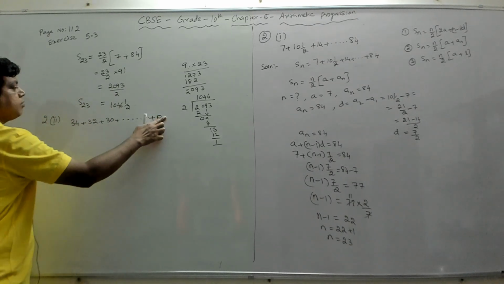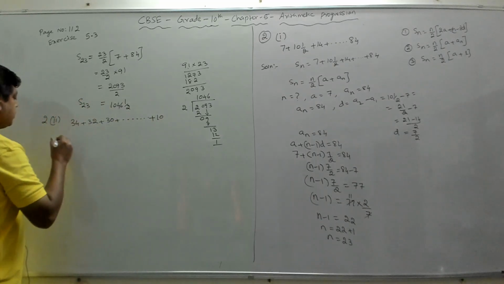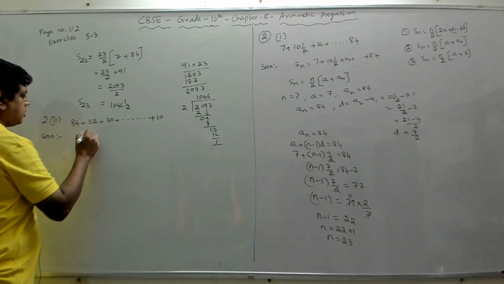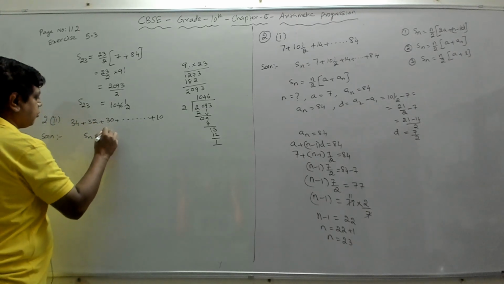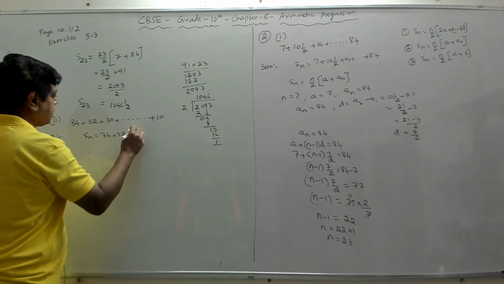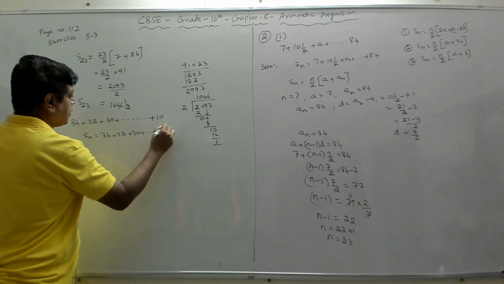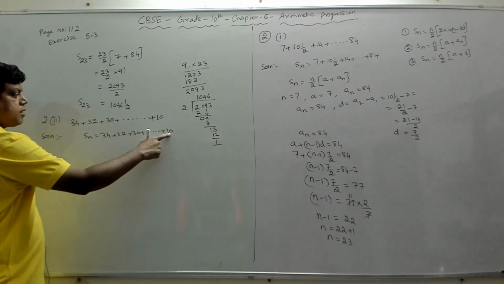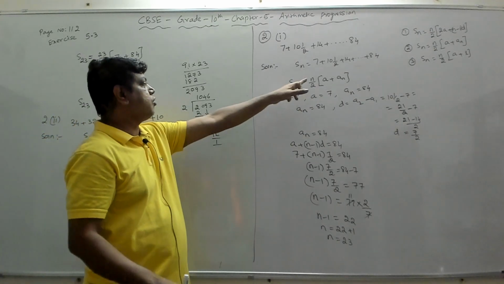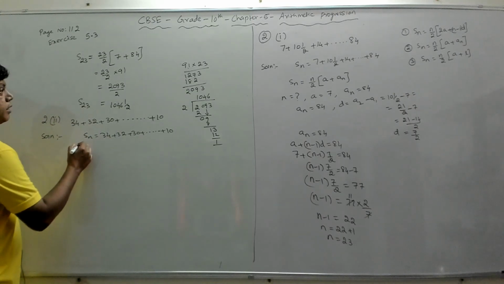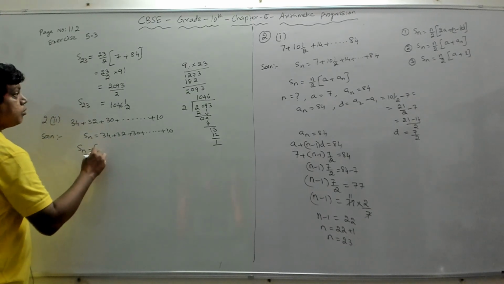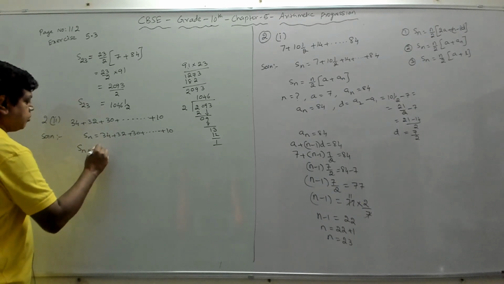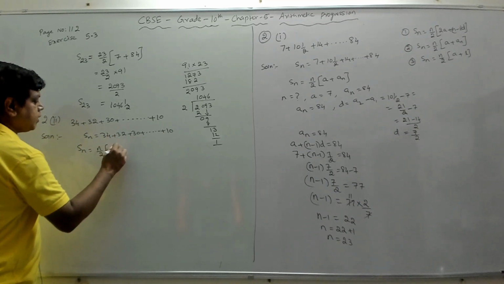We have to find the sum of these terms. So the solution is, let's assume this as Sn. Sn is equal to 34 plus 32 plus 30 plus dot dot dot plus 10. Now again we know a and the last term, so we will again use this formula: Sn is equal to n by 2 into a plus an.